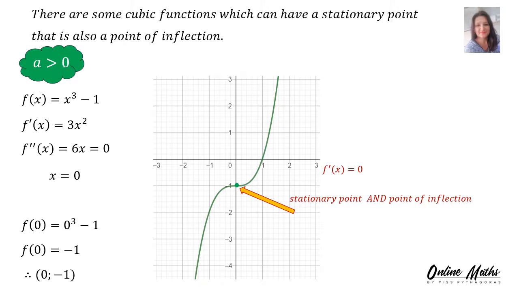The first derivative equals 0 there, and the second derivative equals 0. And then to the left of the point of inflection, you can see that your graph is concave down, and there at the point of inflection, the concavity changes, and suddenly to the right of the point of inflection, your graph is concave up.